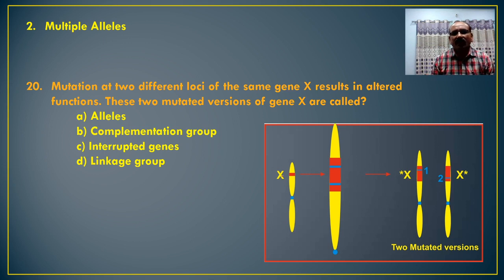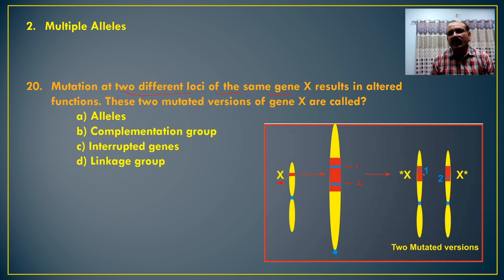This is gene X, and here we have enlarged the gene X. The two different loci of the same gene: this is one locus and this is the second one. Now these two mutated versions of the gene X are called.